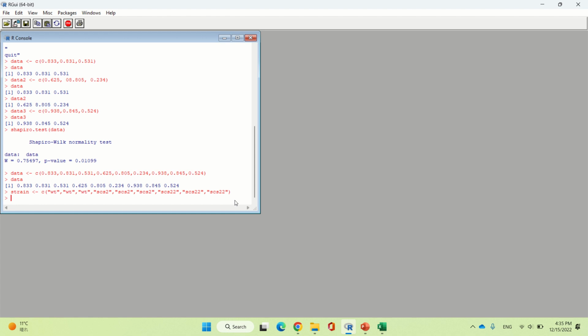If you want to execute the two-way ANOVA, the code is: dependent variable tilde independent 1 asterisk independent 2. This can execute the two-way ANOVA.